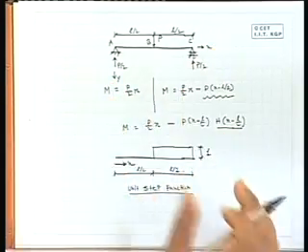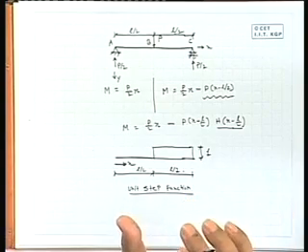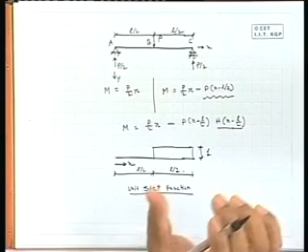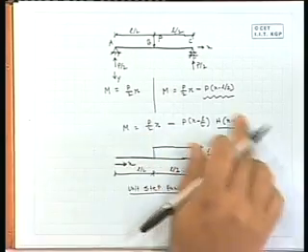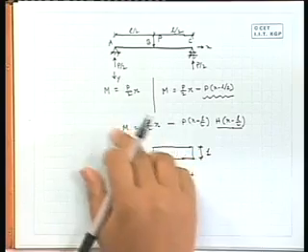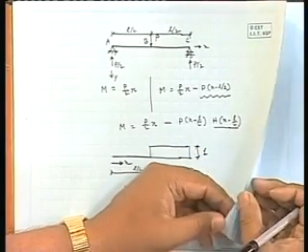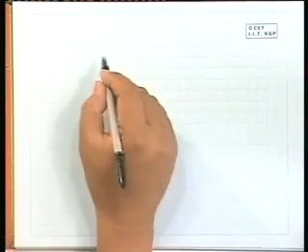Now, the whole problem we can treat as a beam where the moment expression is valid for the entire span. If that is the common expression valid for the entire span, we can write the moment curvature relationship in this manner.